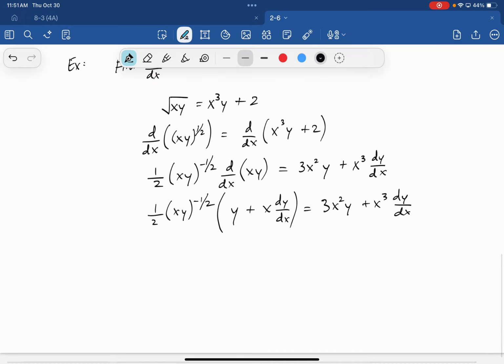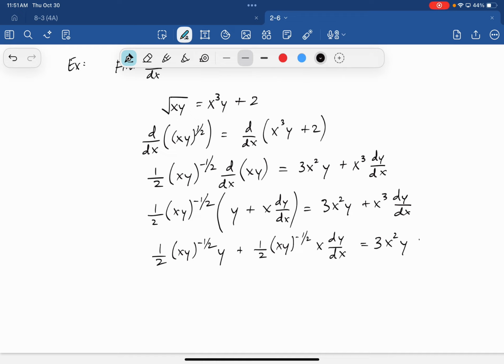Okay, so the rest is just simplification, which is probably the hard part, isn't it? So I'm going to expand the left side. I might go a little quickly, if you don't mind. So I've expanded the left side. And then finally, I need to isolate dy/dx. So I'm going to bring all my dy/dx to the left side and all the other stuff to the right side.